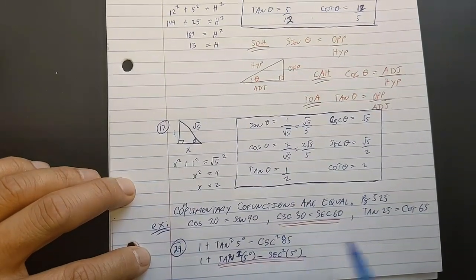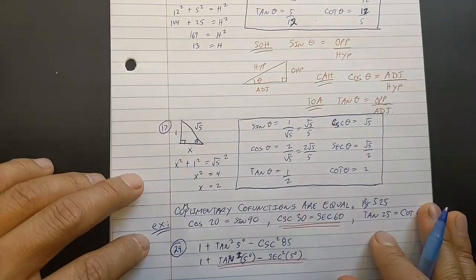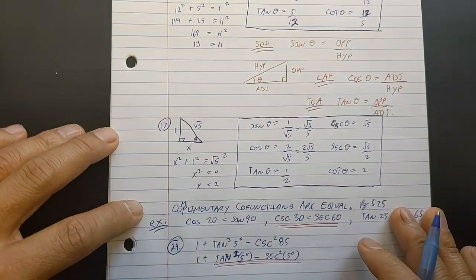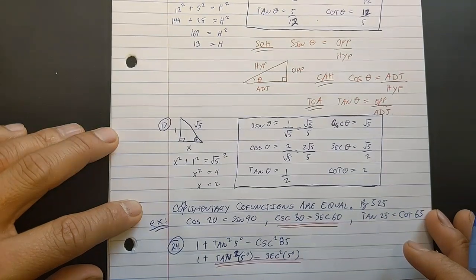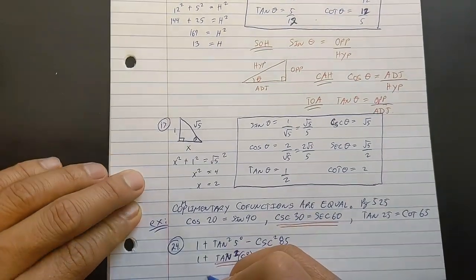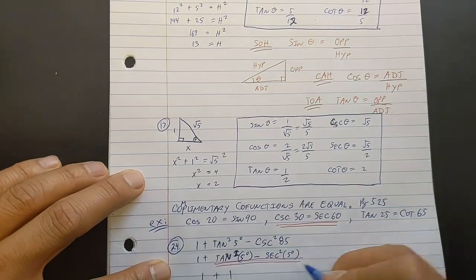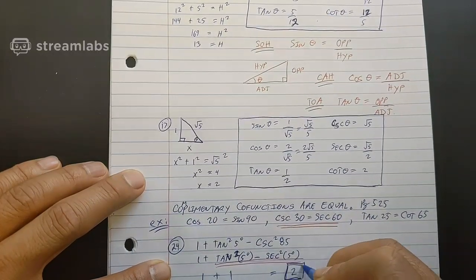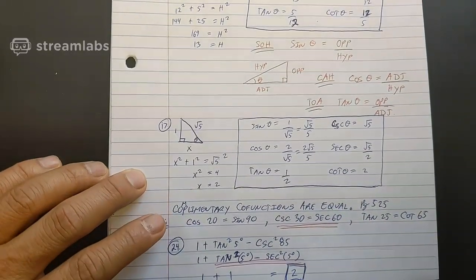What's this equal to? One, very good. So therefore we get 1 plus 1, which is equal to 2. So I'm going to draw a little road map here.